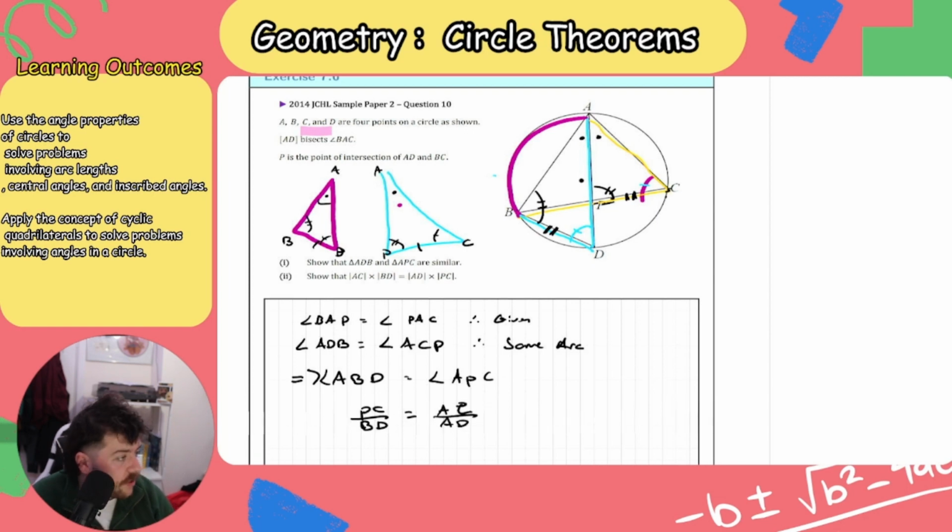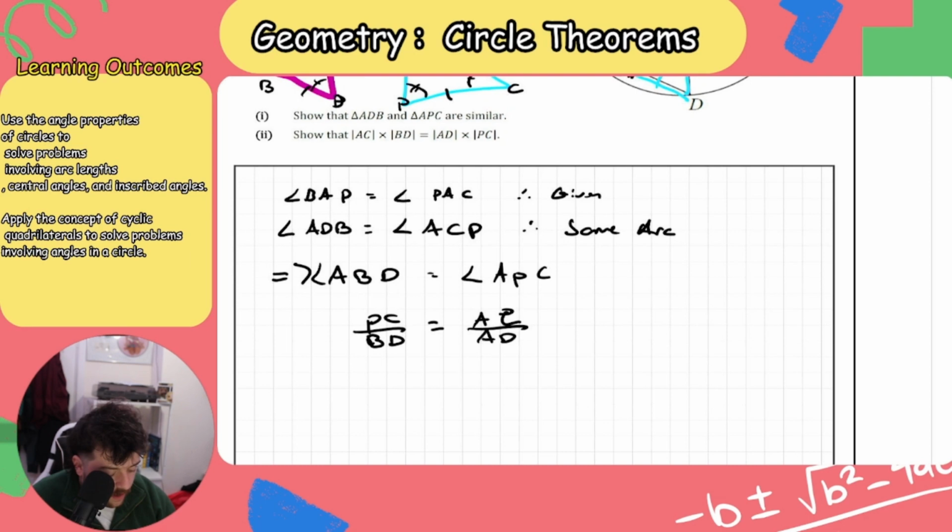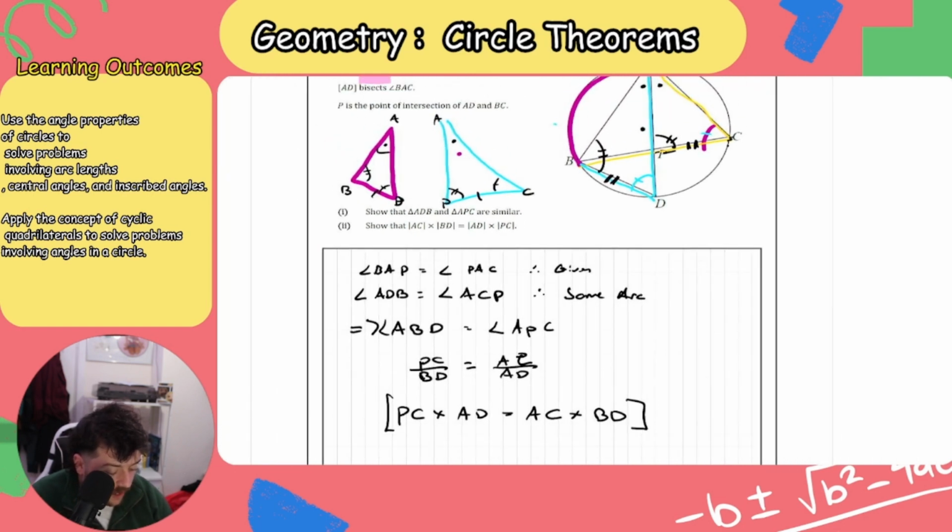I know they're equal to each other because they're similar. Cross multiply. PC times AD is going to be equal to AC times BD. And therefore, I've proven what they were asking for. So I just multiplied both sides by BD and AD, and I'm left with that there.